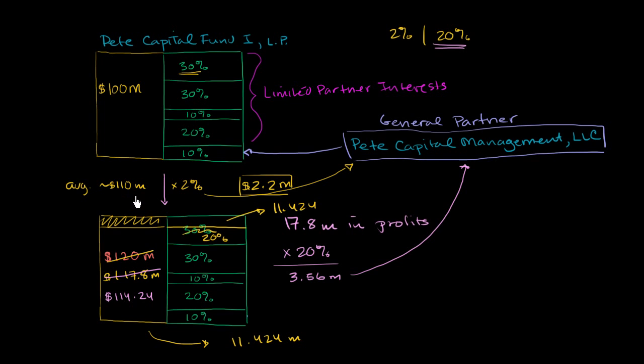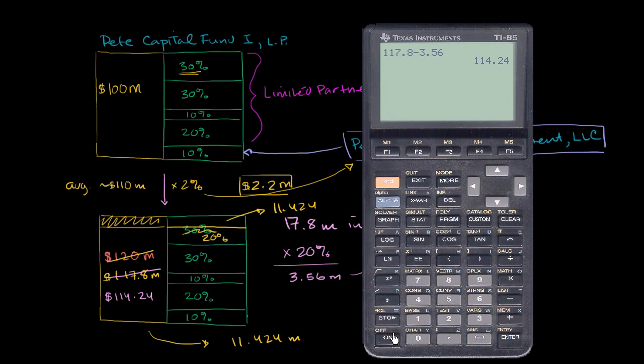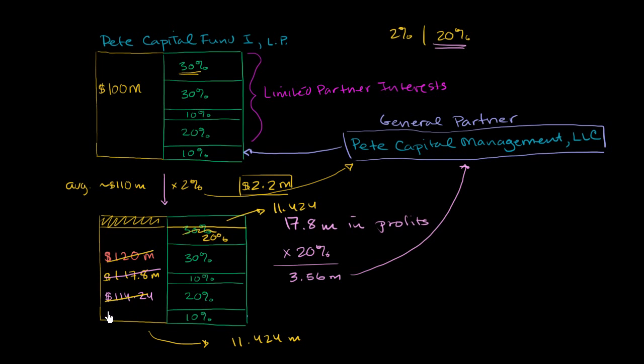So at these specific periods, people can redeem. Usually it's at the end of the month, at the end of the quarter, or the end of the year. And so then the fund will be left with, let me take the calculator out again, 114.24 minus 11.424, which is going to be 102.816.